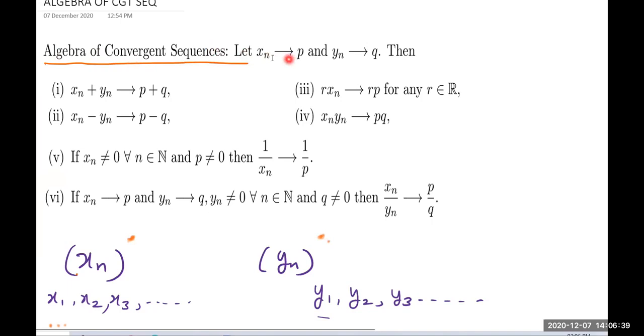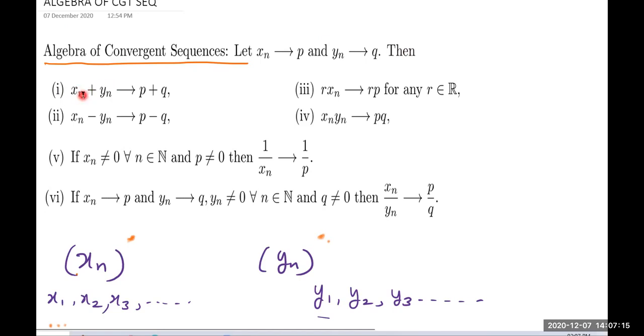Yeah. Now let us look at the statement of algebra of convergent sequence. Now see, when I write xn converges to p, what is hidden in this particular part is that xn is a convergent sequence. Converges to p मतलब क्या? Convergent ही है ना. So xn is a convergent sequence. xn is converging to p, and yn is converging to q. मतलब xn और yn दोनों convergent है, very obviously. Okay. Then first part says, here I am doing which algebra? Algebra मतलब operations कौन से कर रहे हैं आप? So addition कर रही हूँ दोनों sequence का.